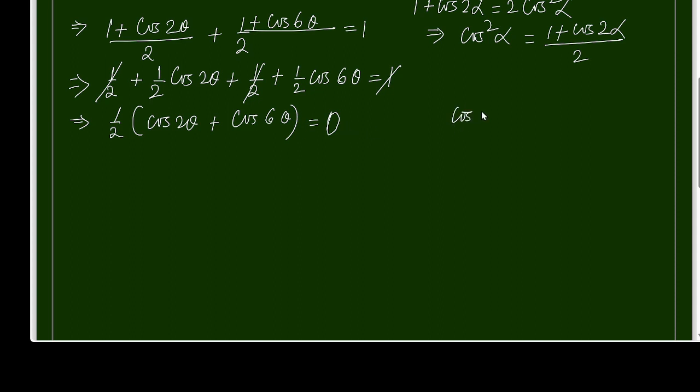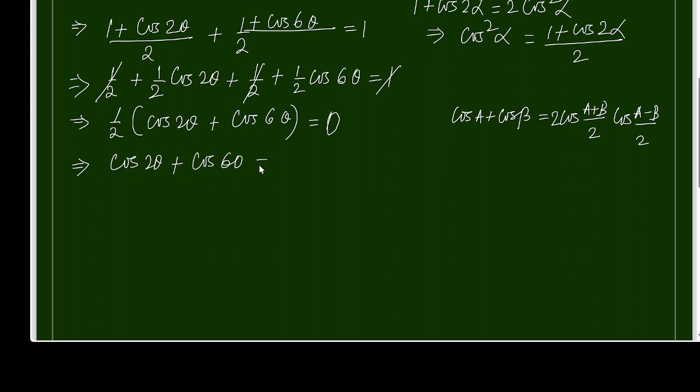Next formula I am applying: cos A + cos B = 2 cos((A+B)/2) cos((A−B)/2). So applying this for cos 2θ + cos 6θ = 0, that will be 2 cos((2θ+6θ)/2) times cos((2θ−6θ)/2) equal to 0.